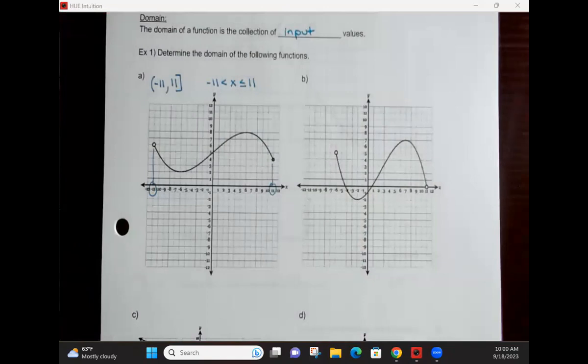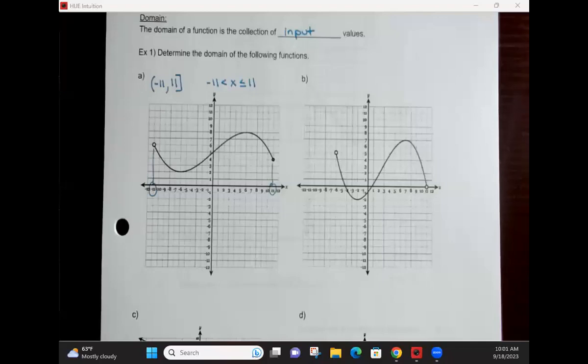I'm using both of these notations because I want you to see and be familiar with both. If you go on to take AP Calc, you can expect to see this sort of inequality notation used in the questions that you are given. You can also expect to see interval notation used in the multiple choice section as your answer choices or the way that College Board would want you to give your responses.